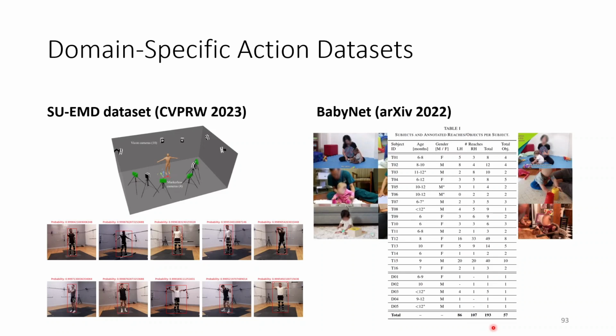It means the baby uses his or her left hand to touch a parent. So the data is very, very simple. I think this is the reason why it was only uploaded to arXiv and was not accepted by any conference or journal. But this is interesting.